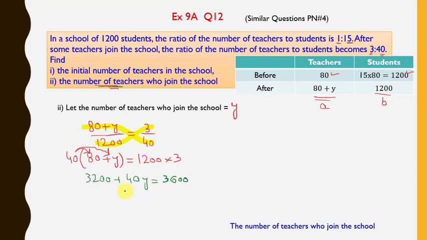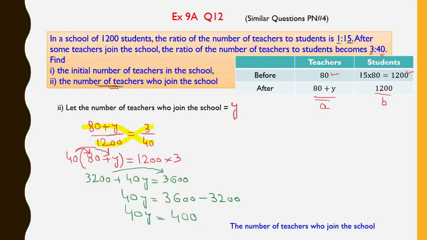Now as you can see, 3200 is plus over here. When we shift it to the other side of the equation, it will be minus. So we write 40y equals 3600 minus 3200, and you will have 400.